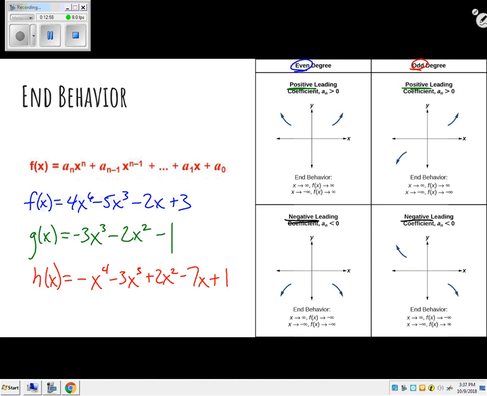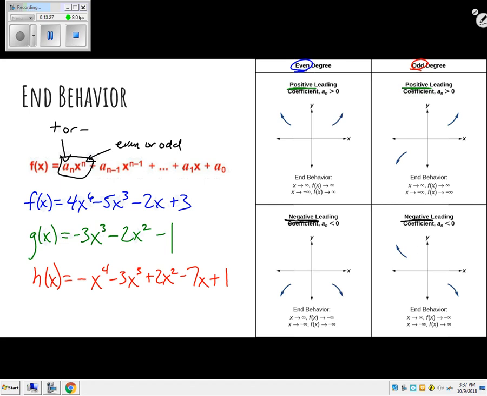So the most important term is this first term right here. I'm interested in whether this leading coefficient is positive or negative, and whether this n is even or odd. From here, I'm going to want to be able to match to them. I didn't assign any homework on this, but if we can have this down coming in tomorrow, we'll be in good shape.